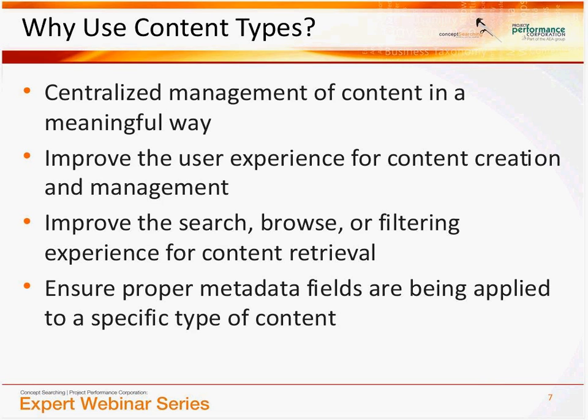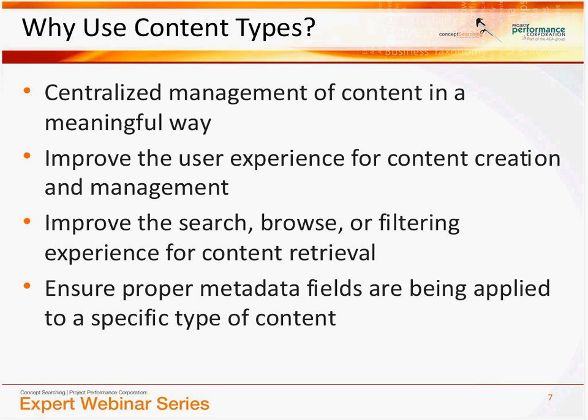Like your term sets, like creating different term set columns within SharePoint to create that classification mechanism, content types become another column within a library, enabling yet another way of classifying content. It just applies more settings in a group format or in a template format for that type of content.